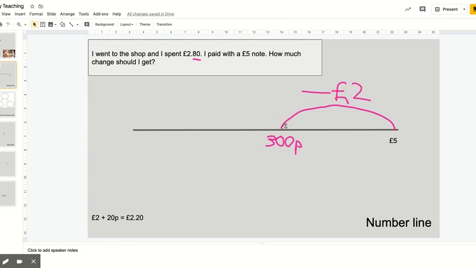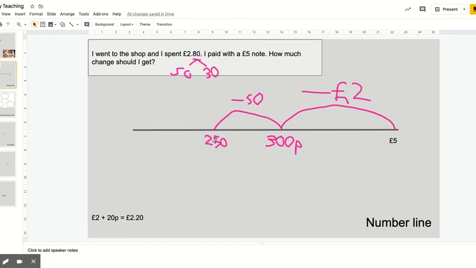I'm going to take away a jump of 50 first, because I know I'm very comfortable with 100 take away 50. So 300 take away 50 would get me to 250. Now I'm going to take away the 30 because I've partitioned this 80 into 50 and 30.